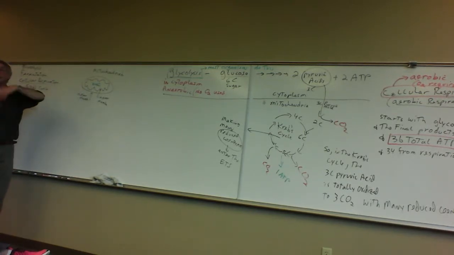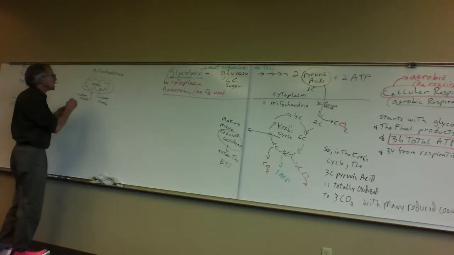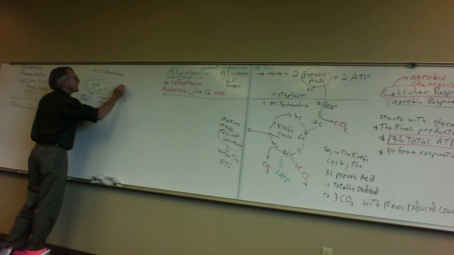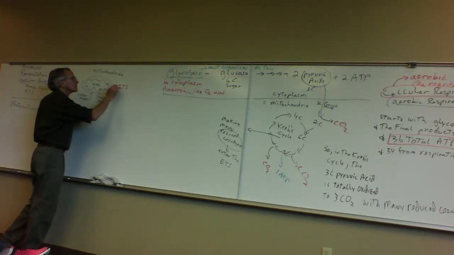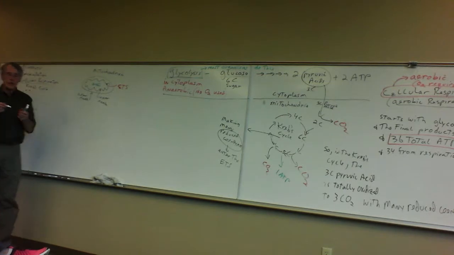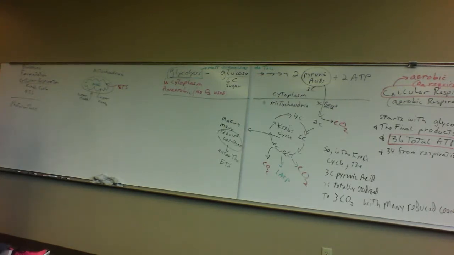But the electron transport system, the ETS, is taking place in the inner membrane, in the membrane itself. In other words, the actual enzymes and everything of the ETS are embedded in that membrane. You need a membrane for a respiratory system.